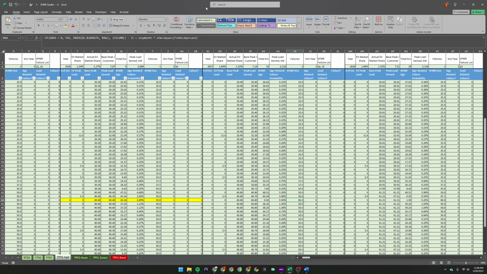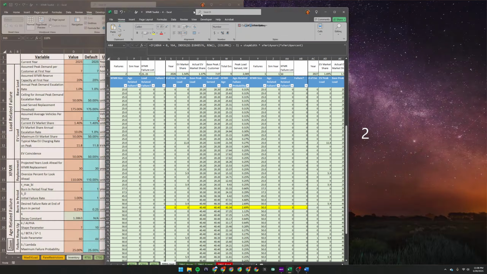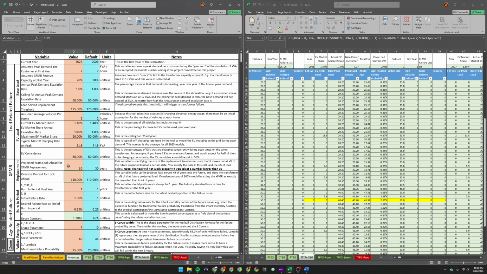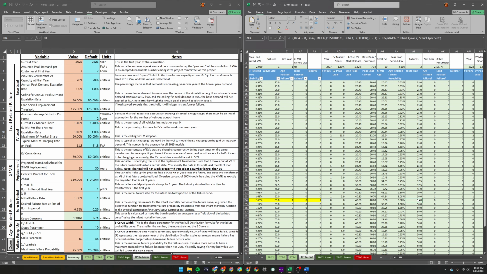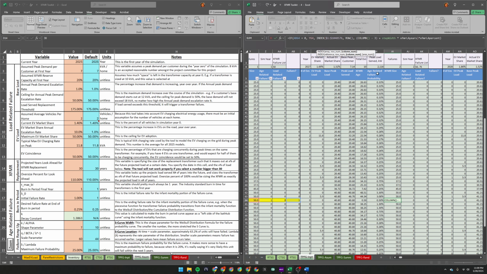Well, the way we're getting this 80 number here is all through the variables that you specify. What's happening here to get this size is it's indexing this entire table, and through this formula up here, which is way too complicated, it's looking 30 years ahead and seeing what we're modeling in 30 years as the base peak, or base load, for this transformer and the customers that are on it.